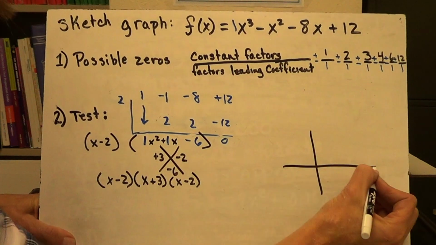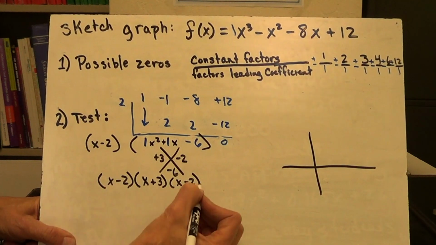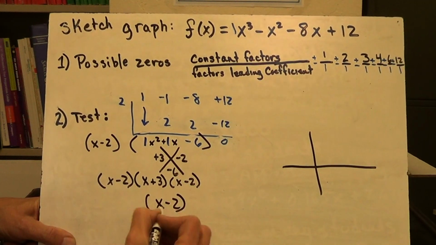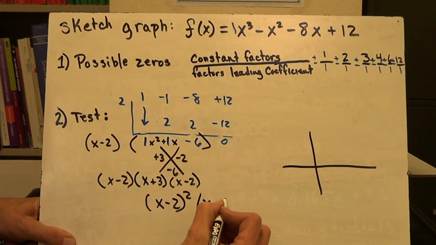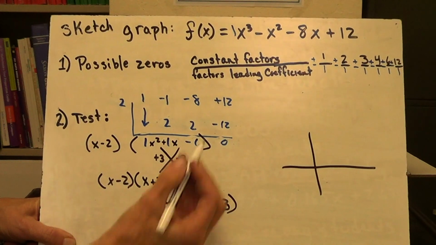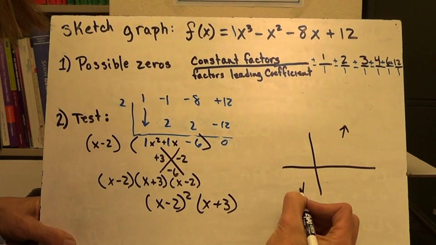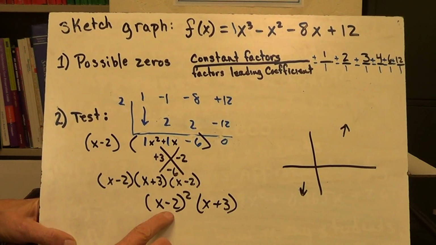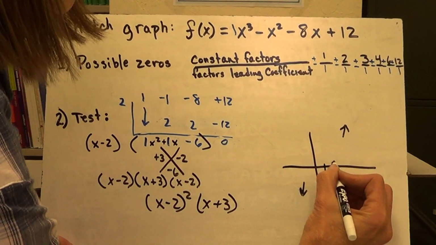Sketch it out. I know that I have a tangent. Let me just write it out. X minus 2 squared, because they occur twice, and then x plus 3. I know this is to the 3rd power, so I've got my end behavior like this. X minus 2 would end up being x equals positive 2, so it's over here.